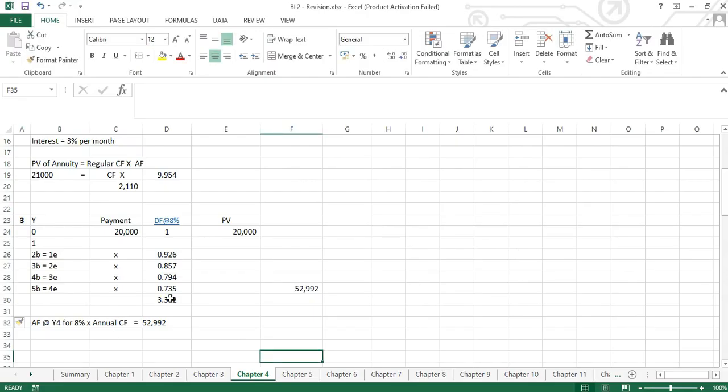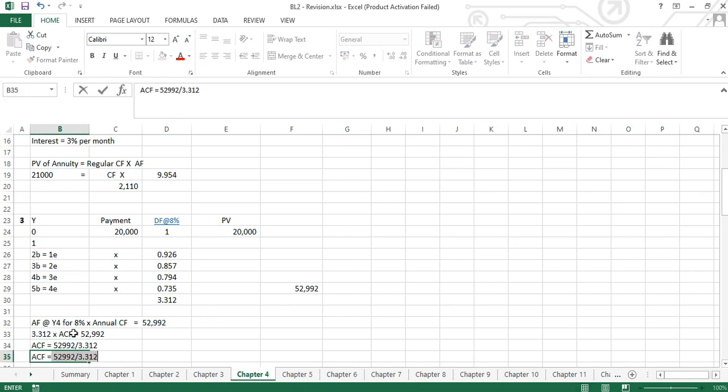Same thing, because it's coming from year 1. So 3.312 multiplied by the annual cash flow, which we don't know, equals 52,992. First find the annual cash flow. 52,992 divided by 3.312. The annual cash flow therefore will be equal to 16,000.